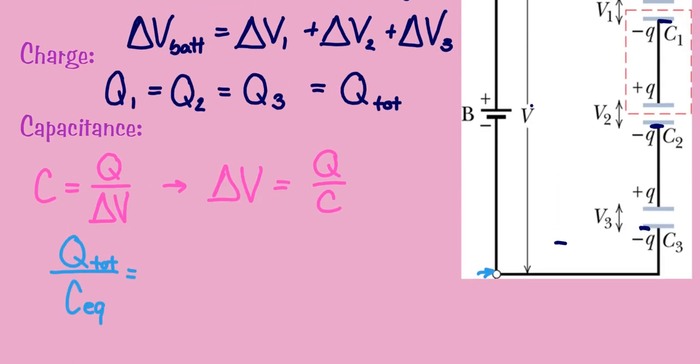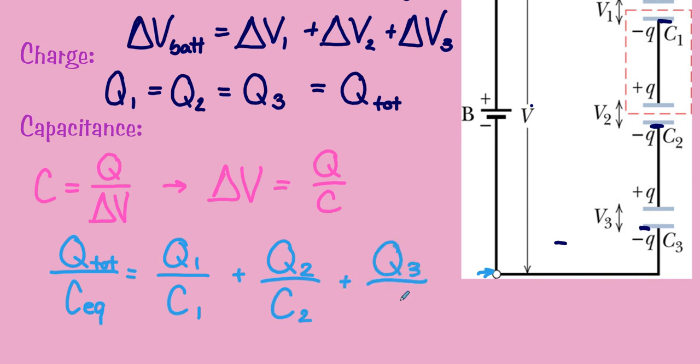That would be equal to delta V1, which is Q1 over C1, plus delta V2, which is Q2 over C2, plus delta V3, or Q3 over C3. Now we know each one of these Q's is the exact same value, so I can cross them out this time.